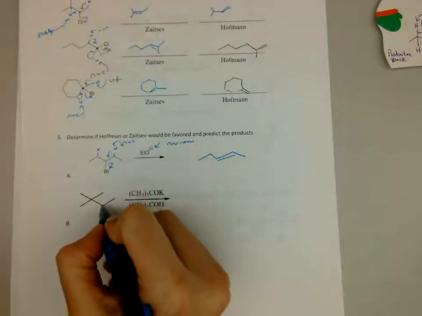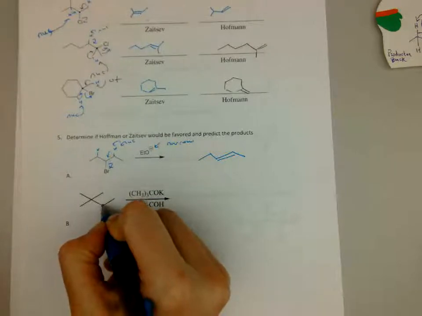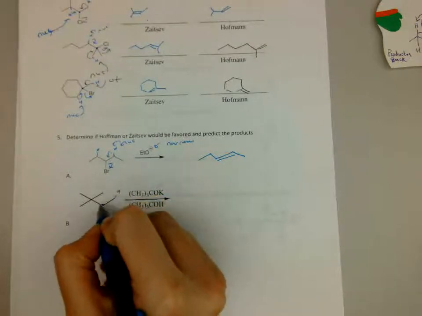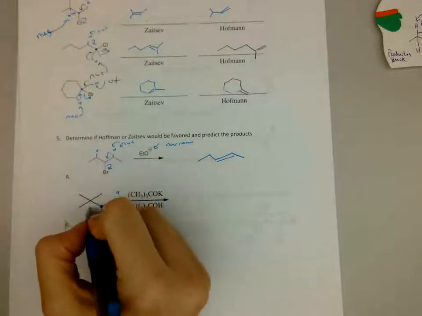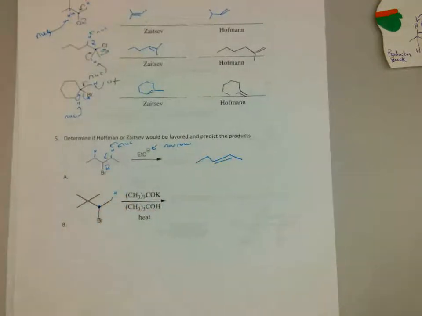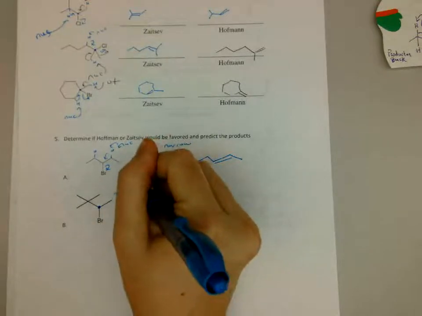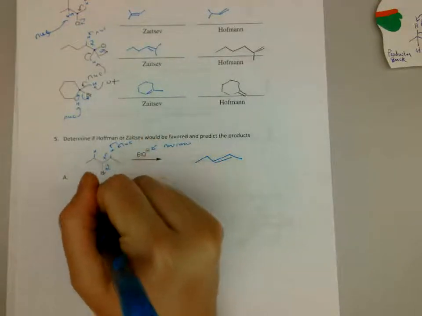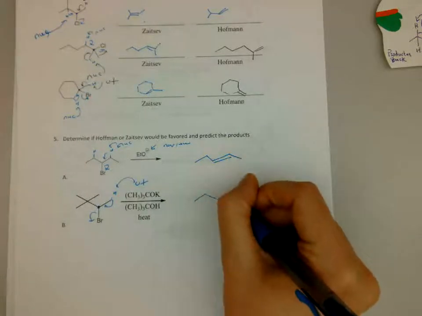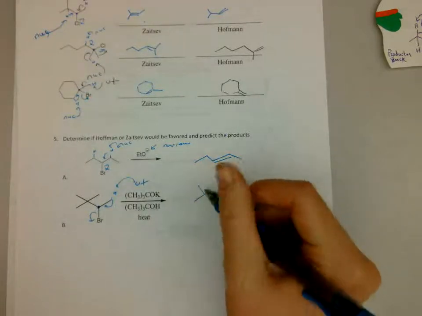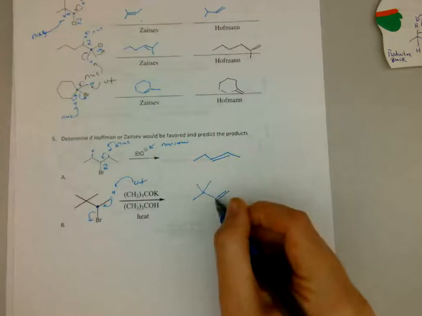But here, let's look. You can take from this, or actually, I don't think you could take from here because there's not a hydrogen. So again, there's only one possible product. So I may do bad questions, but that's okay. I think you get the point that this would be big and bulky, so it would favor the Hofmann product.